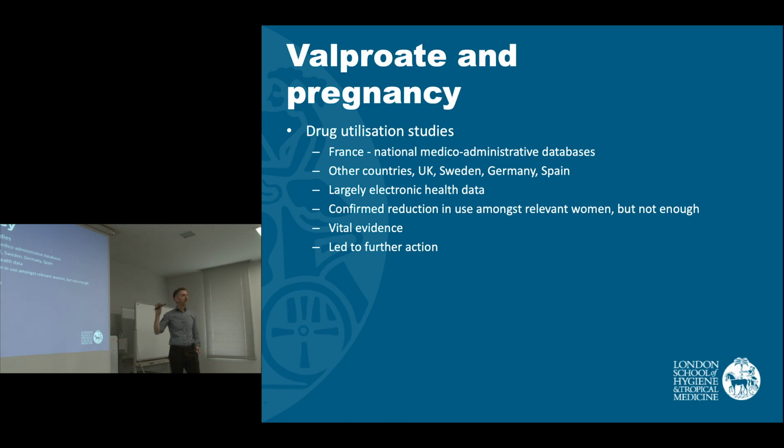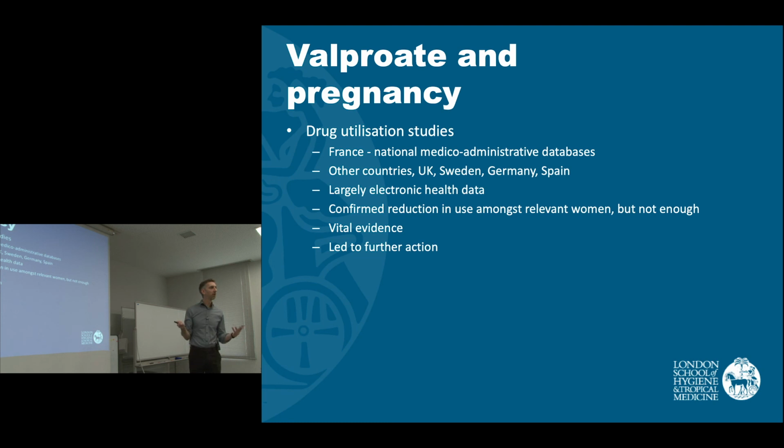So what happened was, in the European Union, after they made these changes and these risk minimisation suggestions, they commissioned a series of drug utilisation studies in a range of different countries. So in France, they used a large national administrative database, and they were the leaders for this particular process.